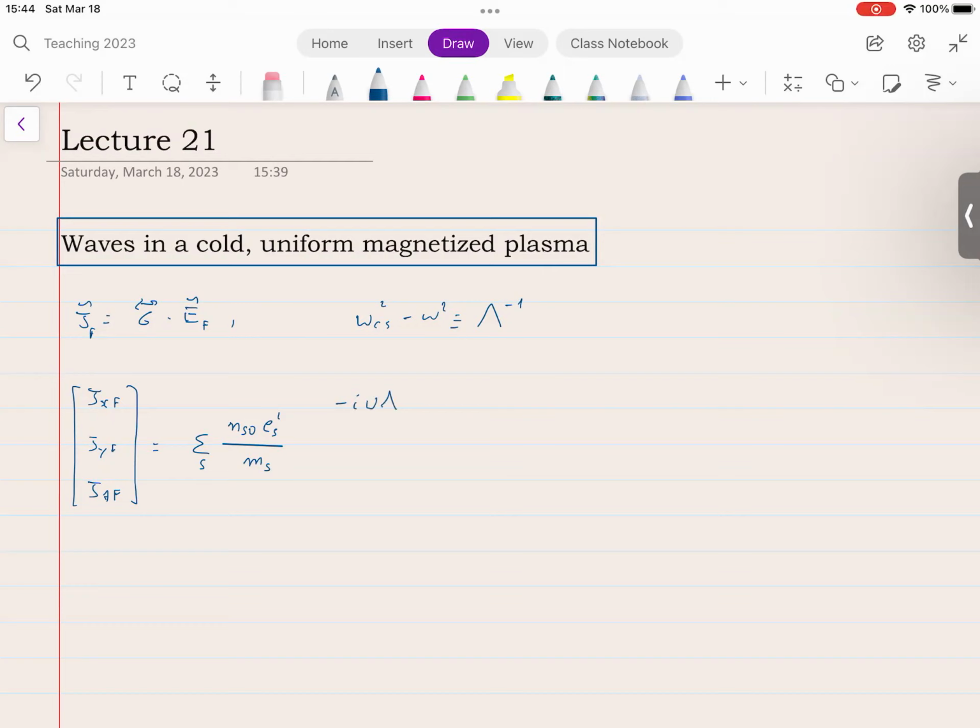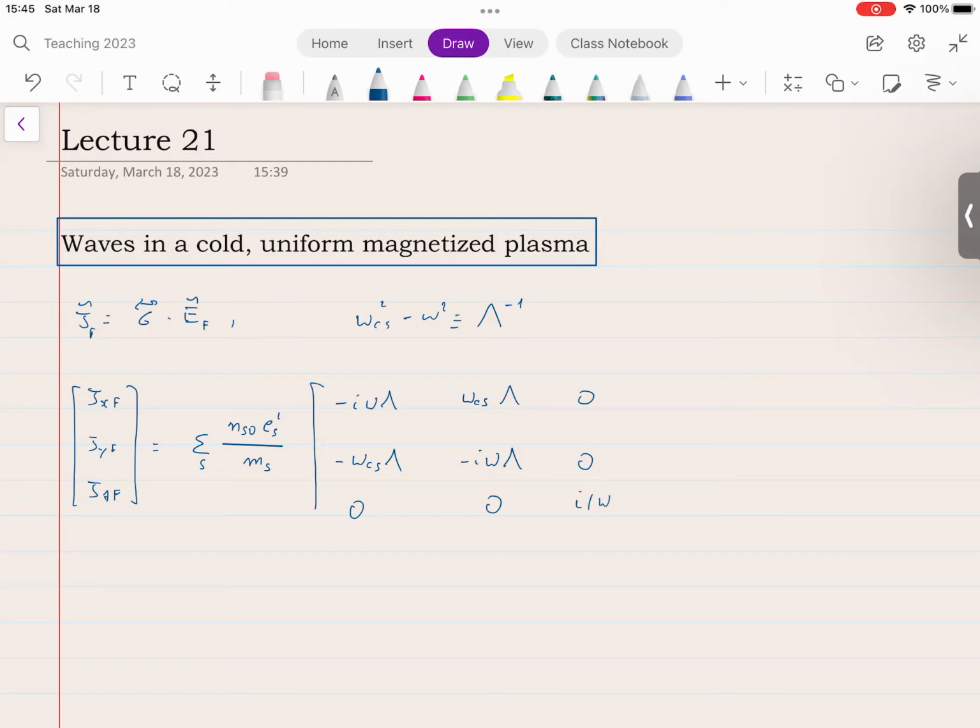And the next one was omega cyclotron species times lambda, and here I have 0, and here I have 0. Remember that minus i omega lambda, the determinant diagonal is the same. This is the same term, but with the opposite sign, and we have zeros here, and just i over omega here.